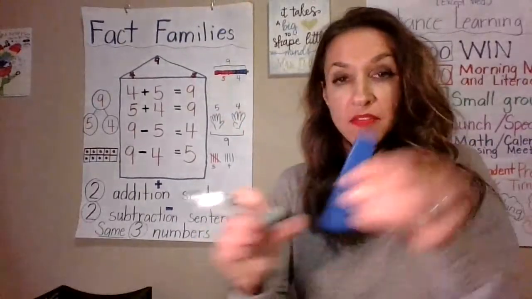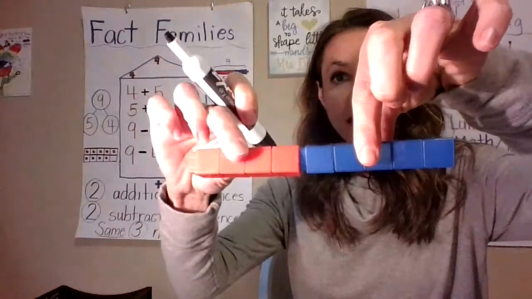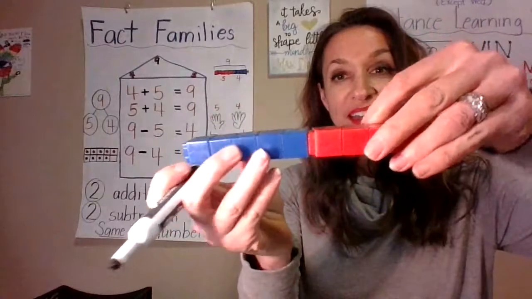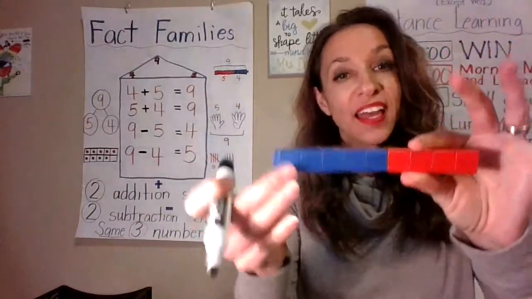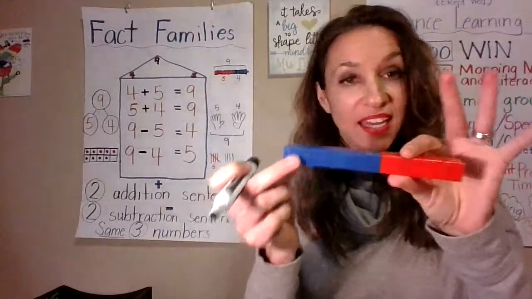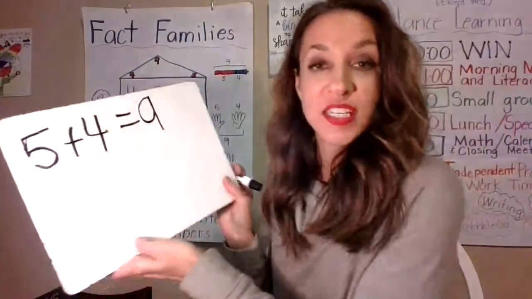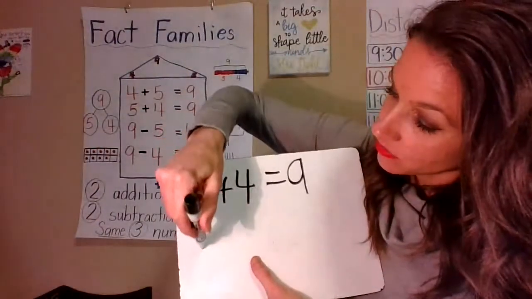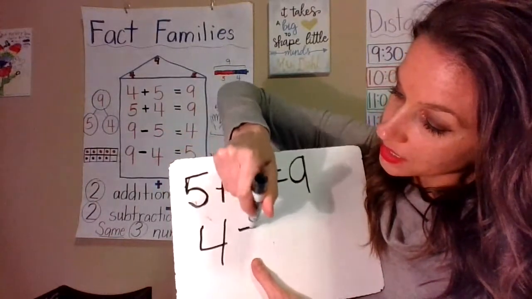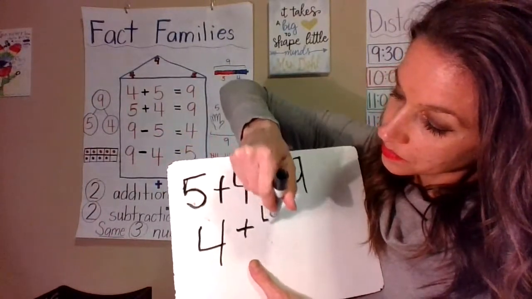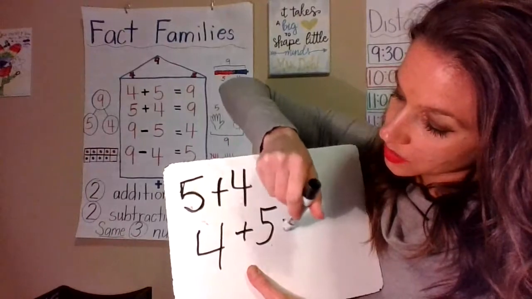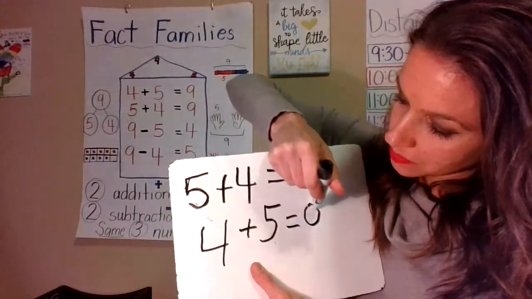We know that 5 and 4 make 9. We also know that 4 and 5 still make 9. I still have the same amount of cubes. So we're going to write the addition sentence to show that. 4 plus 5 equals 9.